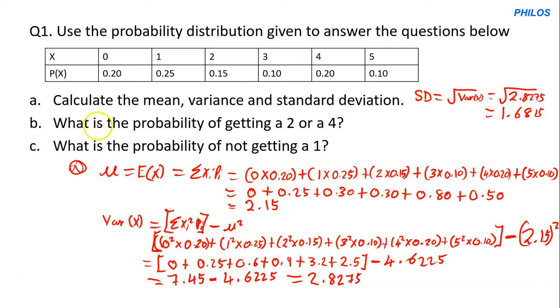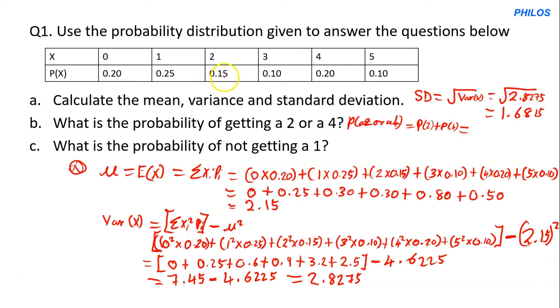Now question B says, what is the probability of getting a 2 or a 4? Now, probability of a 2 or a 4 should be equal to probability of getting 2 plus probability of getting a 4. So, what is the probability of getting a 2?